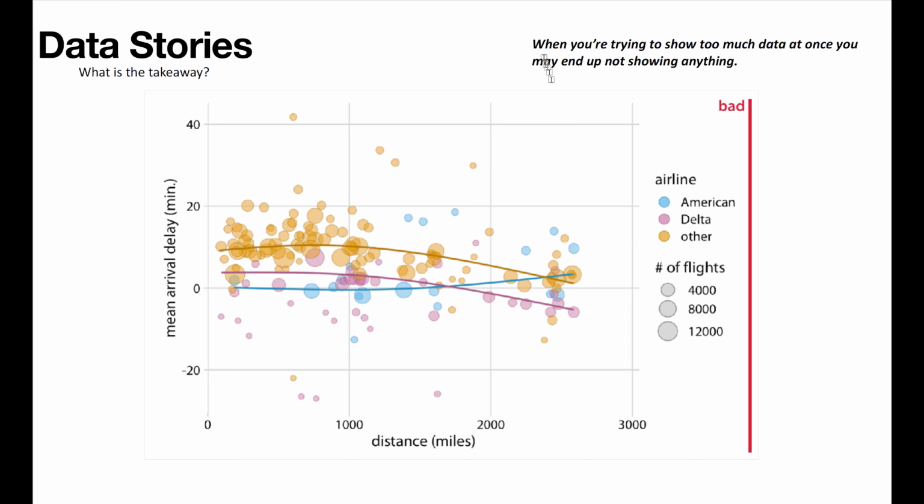Okay, so one lesson here is that if you do try to show too much data at once, you end up not really showing anything. And this is something to be careful about.